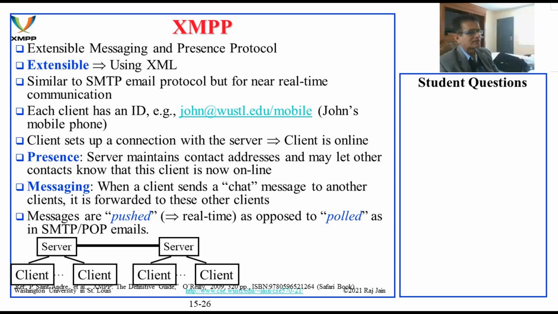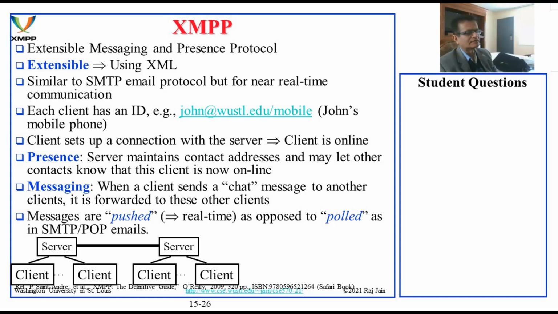So the client sets up a connection with the server. The client is online. And the presence is the same thing. Like when you are in Skype, it tells you who is online. That is your presence. And messaging is when somebody is online, you send them a text. So the messages are pushed in real time.